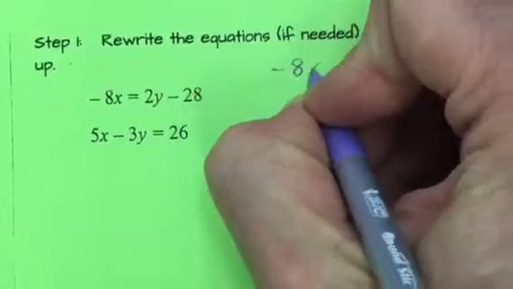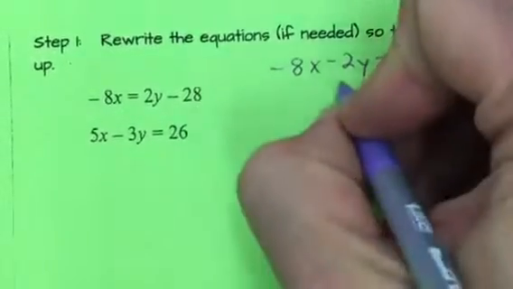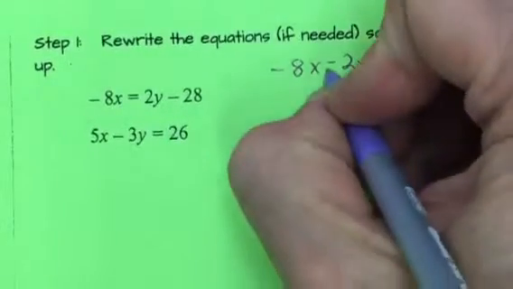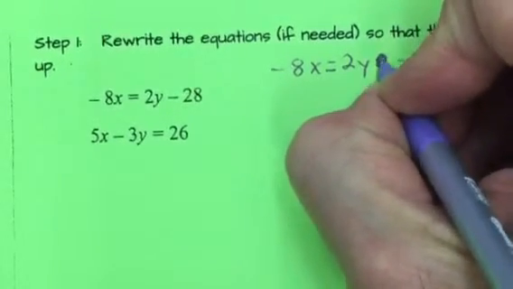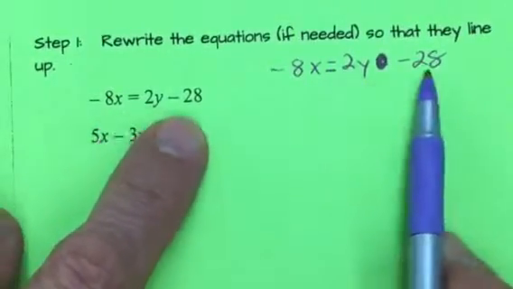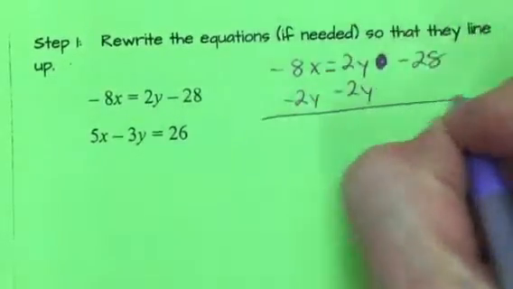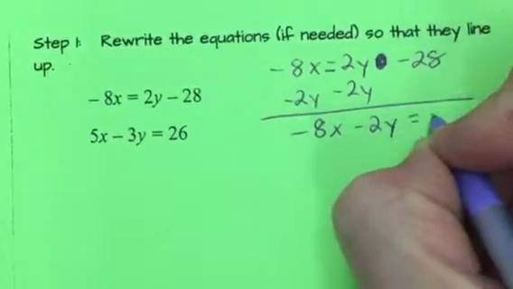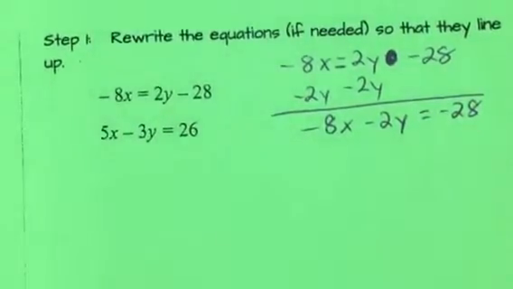So I'm going to start with negative 8x minus 2y equals negative 28. I just moved it. Negative 8x equals 2y minus 28. Subtract 2y, subtract 2y. Negative 8x minus 2y equals negative 28. There we go. Perfect.